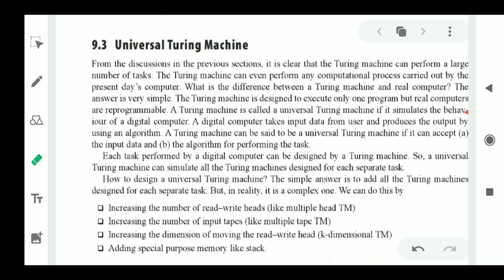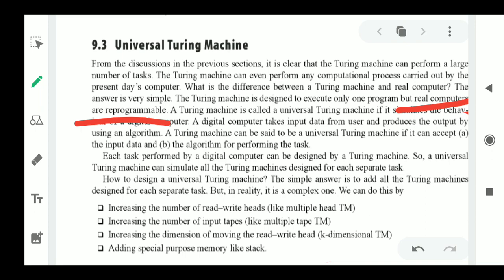I told you that a Turing machine is designed to execute only one program. If I design a Turing machine to perform the addition operation, it is restricted to execute only that single program. It cannot go for any other operations. But real computers are reprogrammable. We can add any number of programs to the computer.